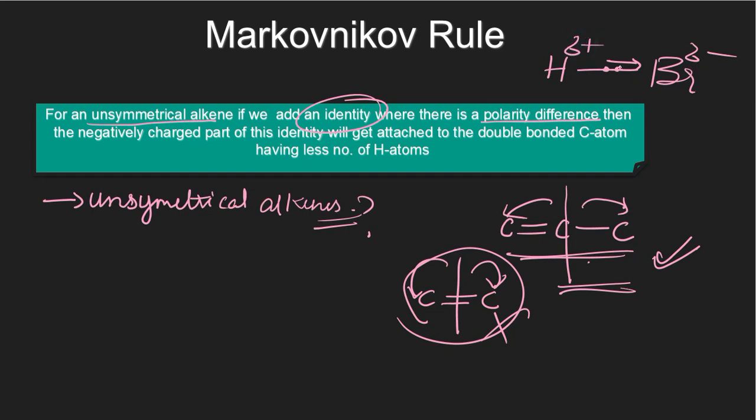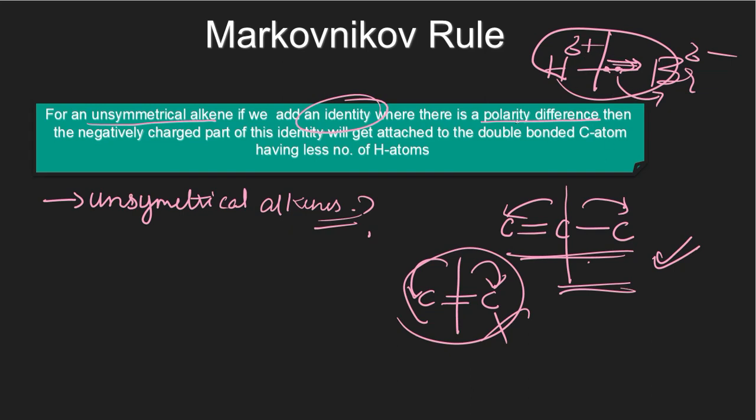Why do we say that this charge is partial? Because these electrons have not been transferred to bromine completely. That only happens when the bond will break. Still, the electrons are near bromine, so we can say it is partially negative, not completely, because this bromine does not have the electrons yet. That will only happen when this bond breaks, wherein the bromine will become completely negative and hydrogen will become completely positive. So this is your polarity difference.